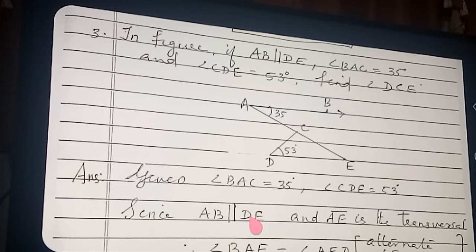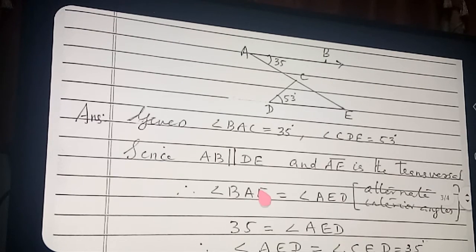Now see the points. AB is parallel to DE. AE is the transversal. Clear? So then what can you say? Just now the teacher explained: the given angle BAE and angle AED are what type of angles? Alternate interior angles. Here which is the transversal you are using? AE. Which are parallel? AB and DE are parallel.